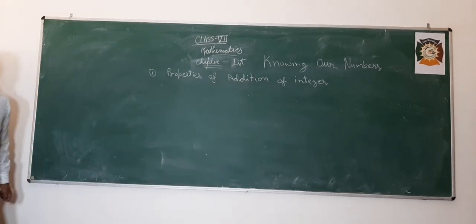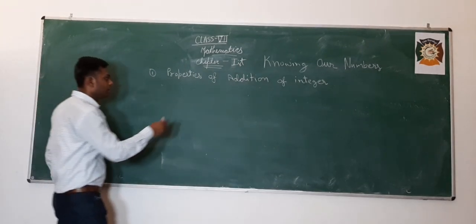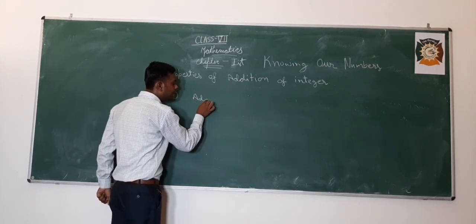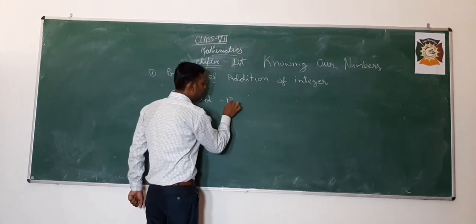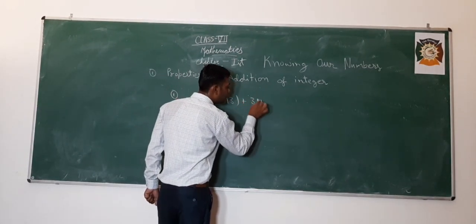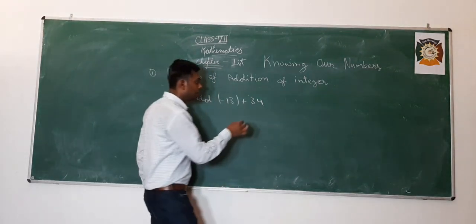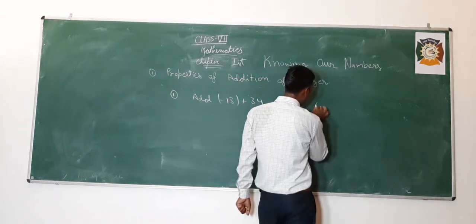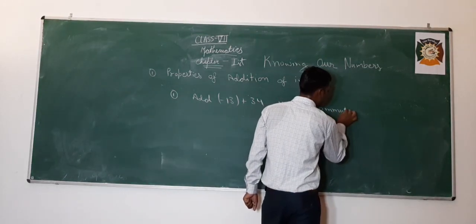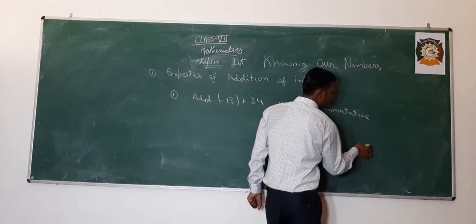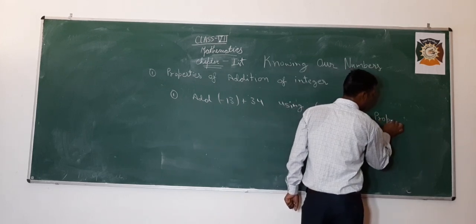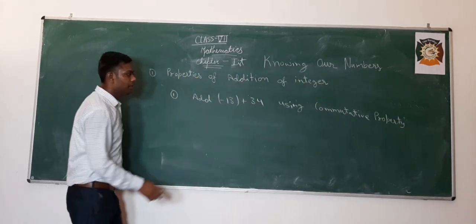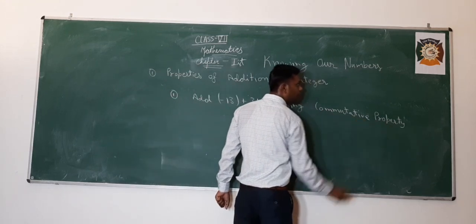Let's consider: add minus 30 plus 34 using the commutative property, and minus 13 plus 34 using the commutative property.